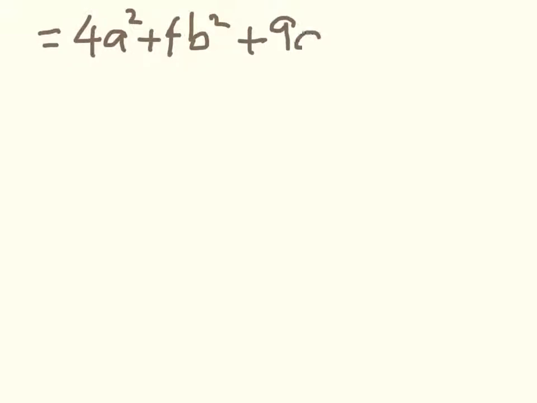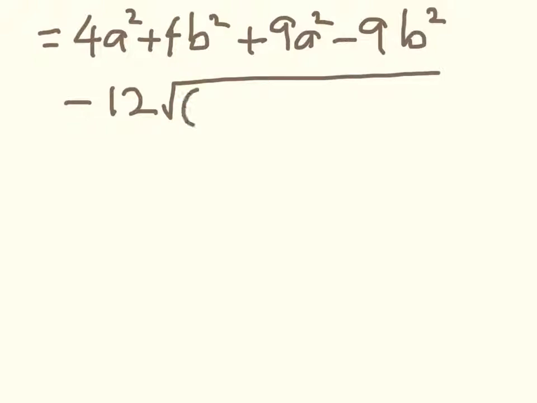Alright, so when I expand that first bracket, I get 4a squared plus 4b squared. I'm going to look now at that easy last term, which will give me a plus 9a squared minus 9b squared. And I've got minus 12 a squared plus b squared, a squared minus b squared.